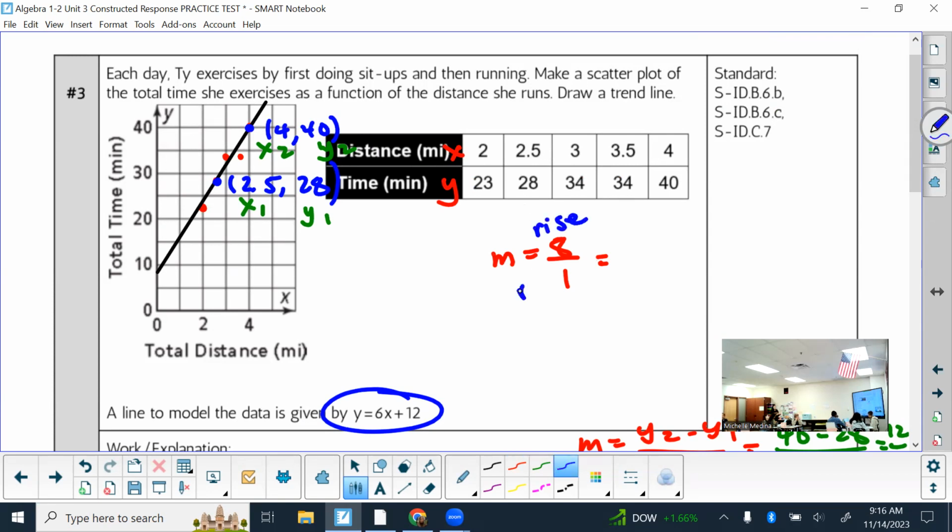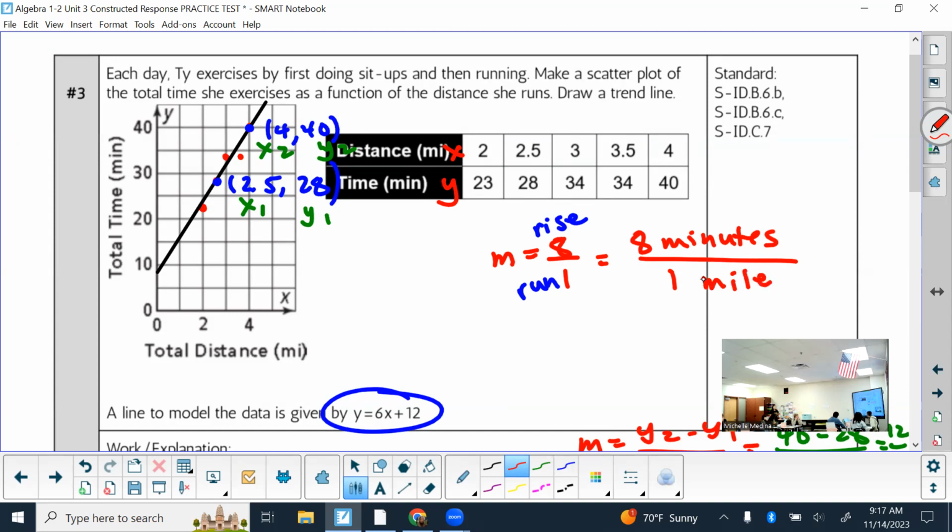Rise would be your y-axis. What does my y-axis say? Like on the label, what does it say? It says time in minutes. So that means 8 minutes per every one, what does my x-axis say? It says miles, per every 1 mile.